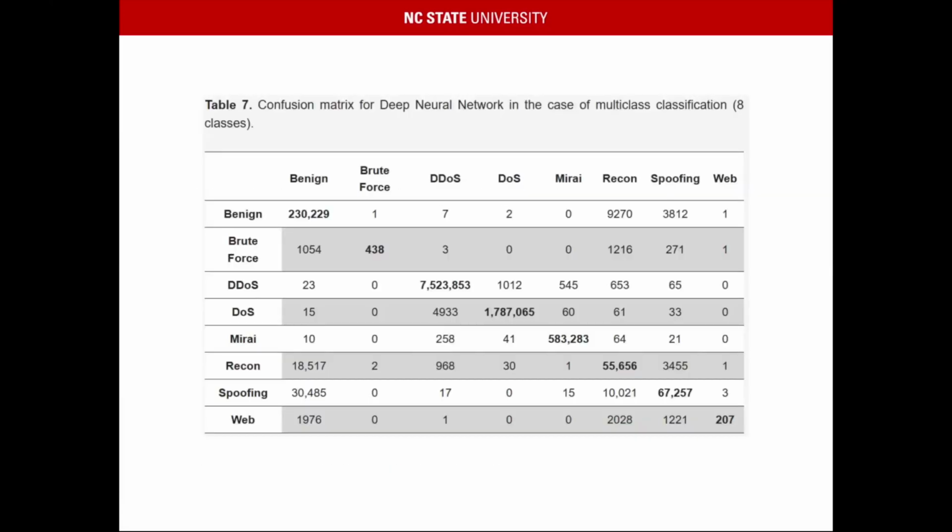This is our baseline results. This is from the paper, and we can see that denial of service attacks are fairly easy to classify because of their nature, and for the other ones, spoofing, web, and recon, we have a lot of false positives here, which is pretty acceptable because they're pretty hard to classify from the perspective of a network intrusion detection system.